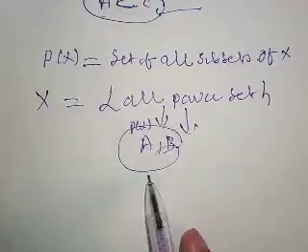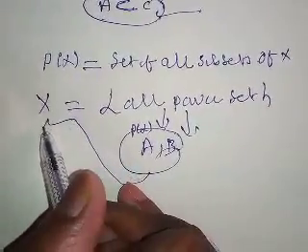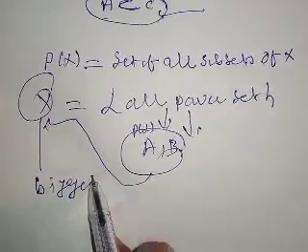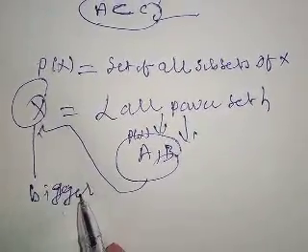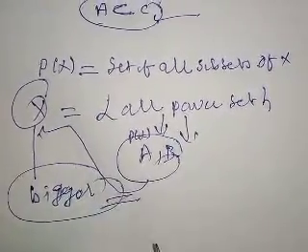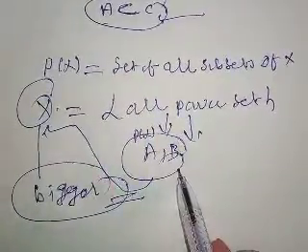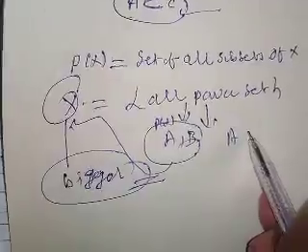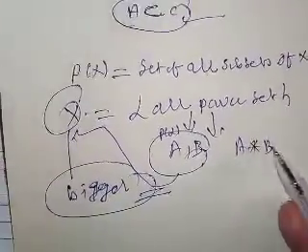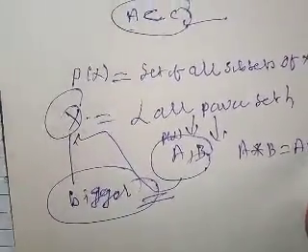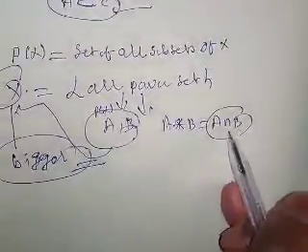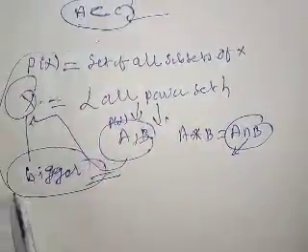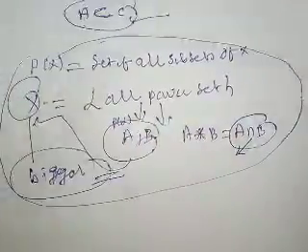So from A and B, which is the bigger set? A is the bigger set. Why am I telling this? Because when we take an intersection, our binary operation A star B is A intersection B. Our operation is intersection. So this concept will be very useful in solving this sum.